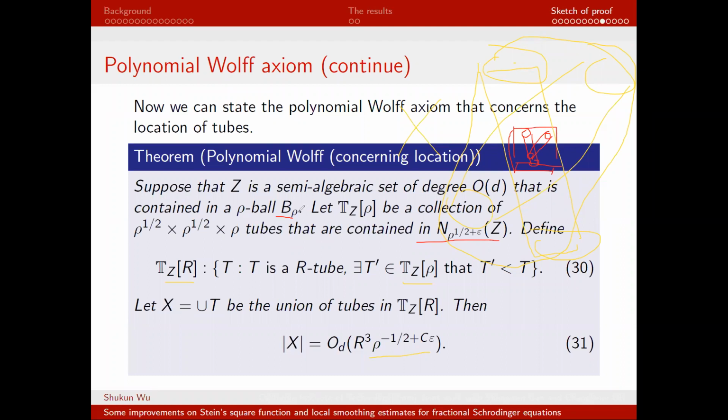Let's think about it: if we don't have any restriction on T_{Z,R}, so we consider all the possible big tubes in R^3, then their union can be as large as R cubed.